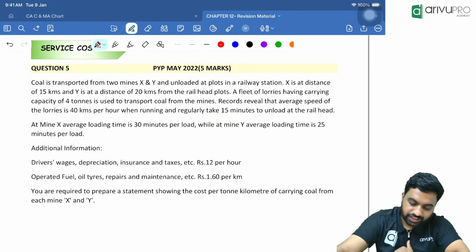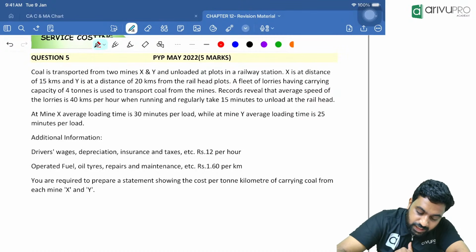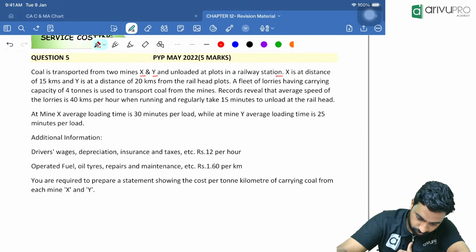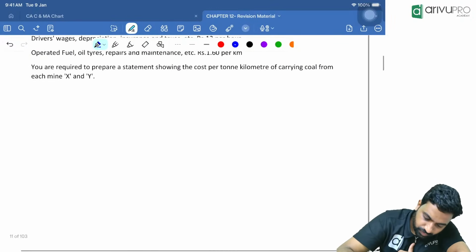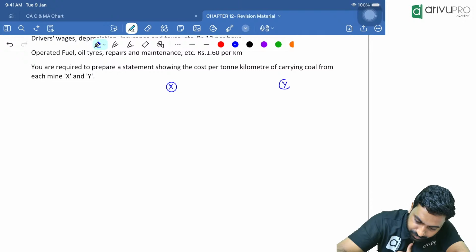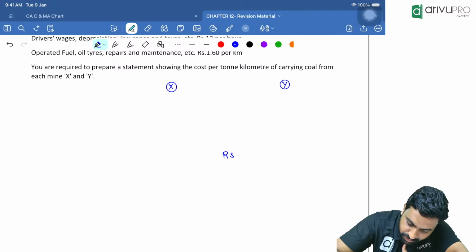Weighted average. See, coal is transported from two mines X and Y and unloaded at the plot in a railway station. So there are two mines, one mine is X, one mine is Y, and there is a plot in the railway station.